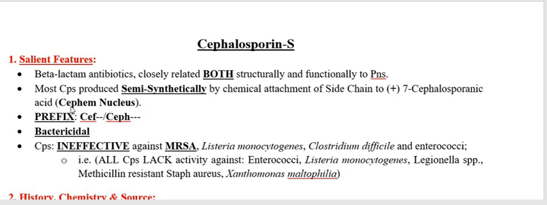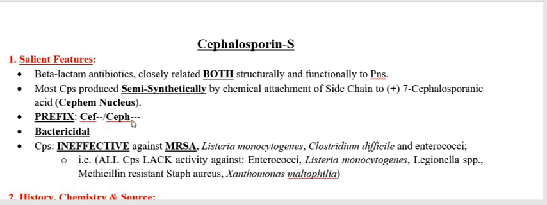So what is the meaning of cepham nucleus? Cepham nucleus means that this nucleus is possessed not only by the cephalosporins but by penicillins as well.